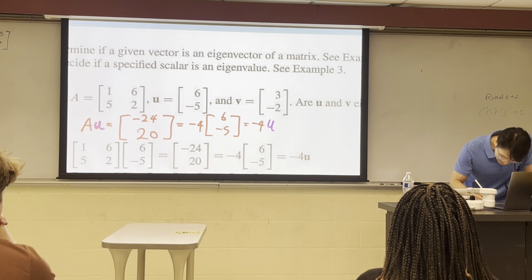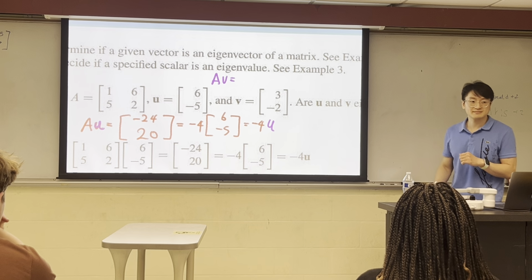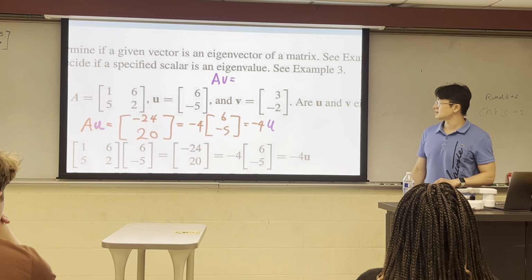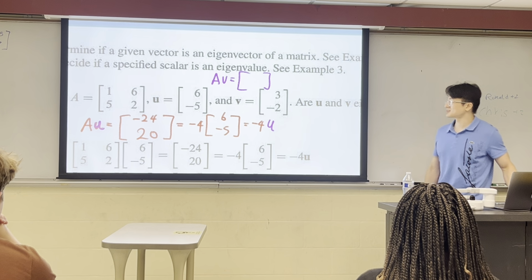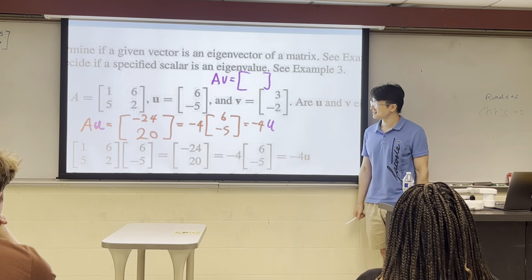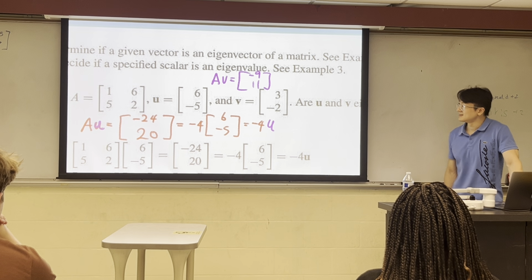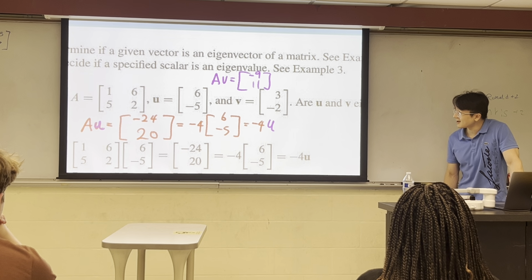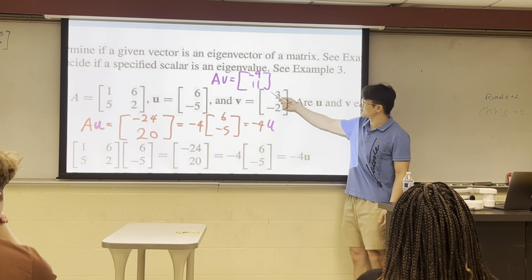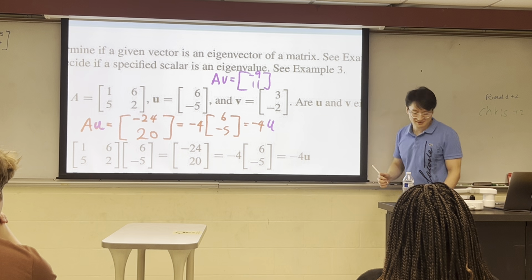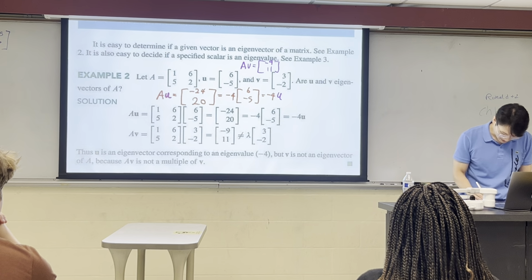Okay, what about V? What is AV? You guys are STEM majors, you can do this math in your head. -9, 11. Okay. Is this an eigenvector? No. There's no way you can scale V to get this, right?